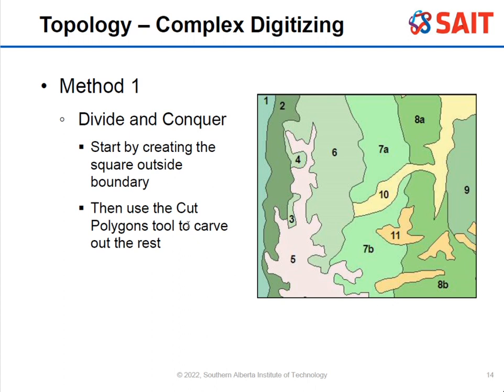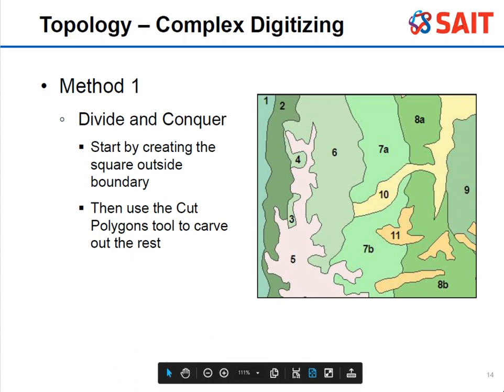And so the way to start this is to divide and conquer, to maintain your topology. So you start by creating the square on the outside boundary, so you can see the whole map is put into a boundary. And then you use the cut polygons tool to carve out the rest. And so that allows you to create everything within this box.